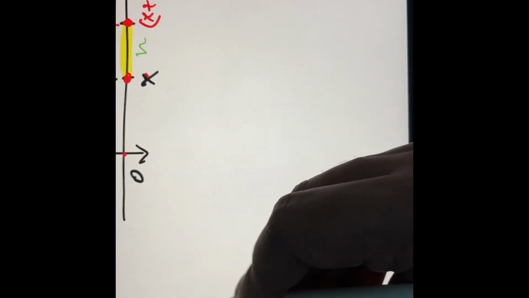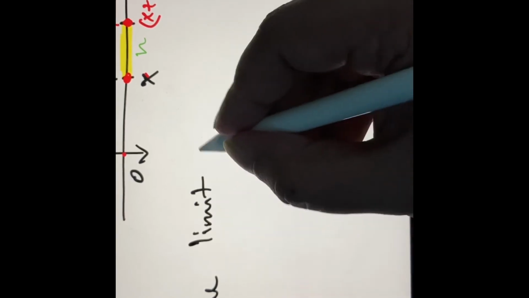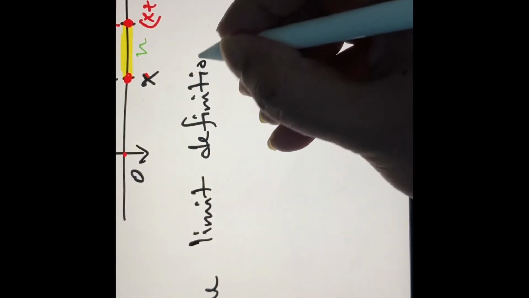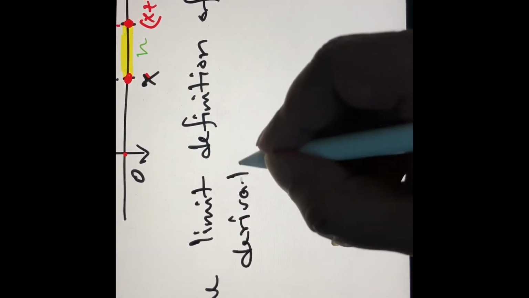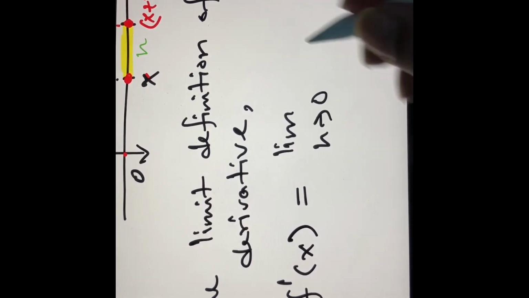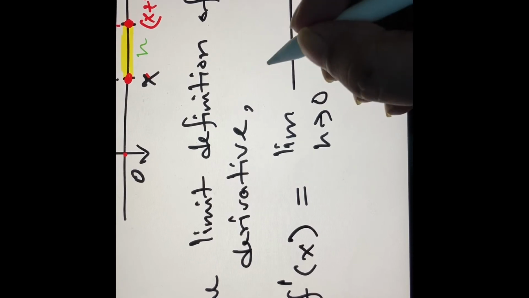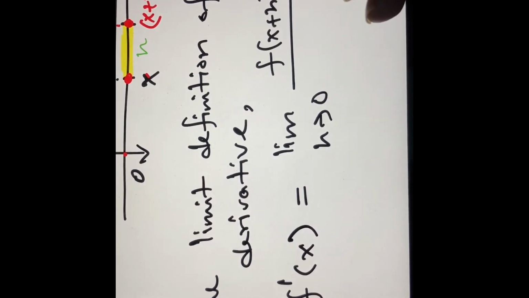So the limit definition of the derivative says f prime of x will be equal to the limit as h approaches 0 of f of x plus h minus f of x over h.